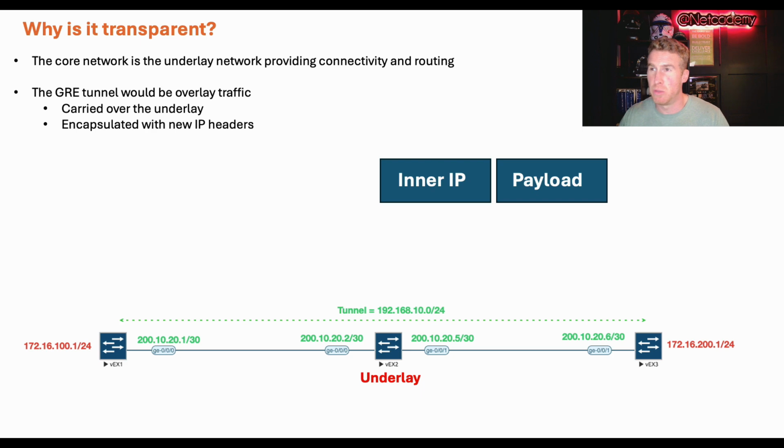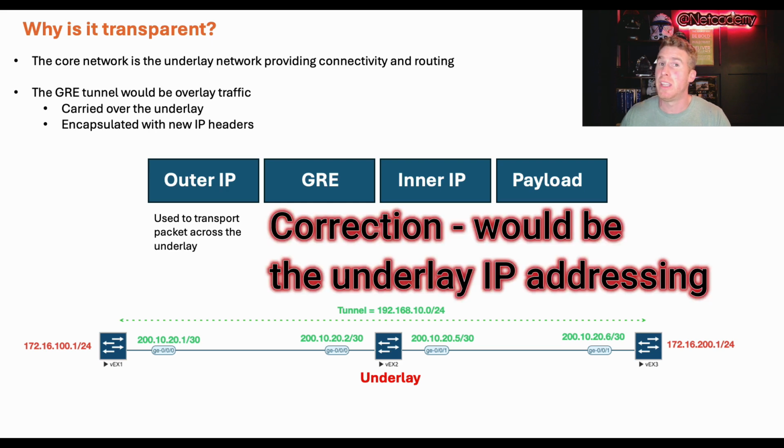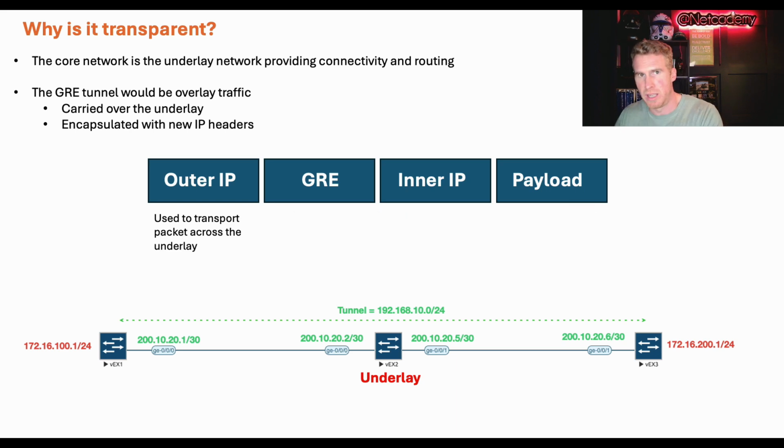But when it comes back to what are these two headers that are added to this original packet, first the outer IP. Now that is what's used to transport those packets across the underlay. So the outer IP is that of the WAN interfaces in this example.